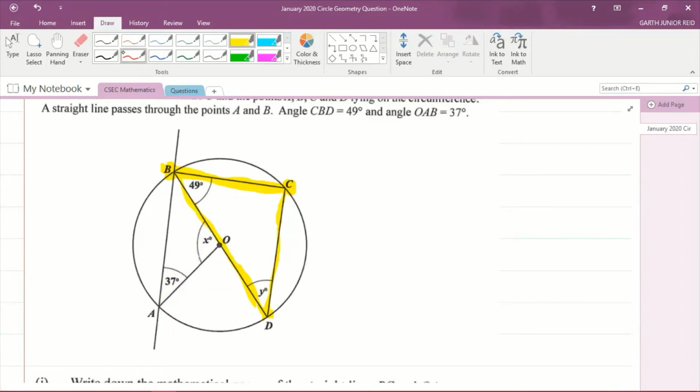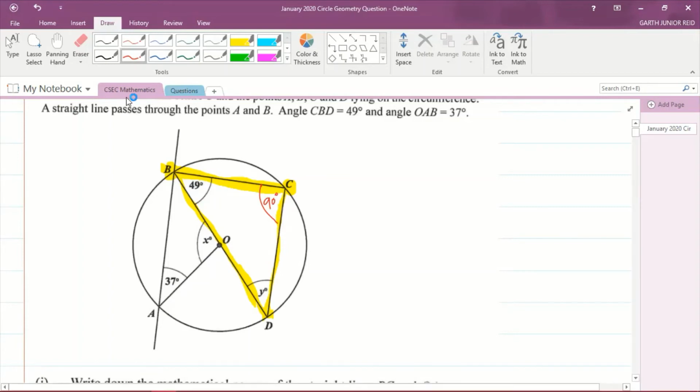Well, I know this angle right here. What is that angle? That angle is actually 90 degrees. We know that the angle in a semicircle is 90 degrees.